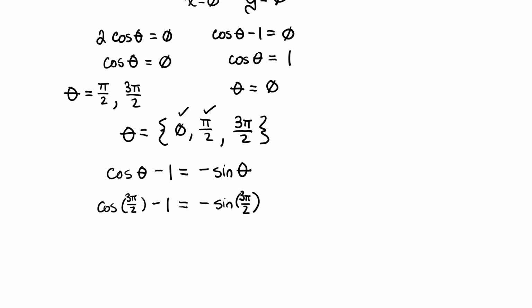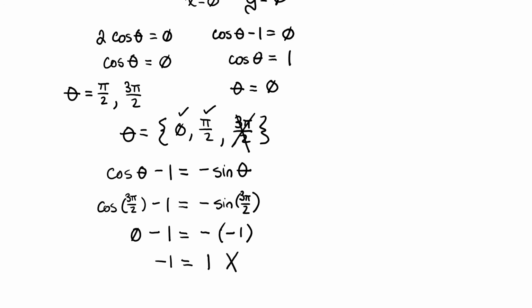Now, cosine at 3 pi over 2, or at 270 degrees, again, you're on the y-axis, so the cosine will be 0, minus 1 equals negative sine of 3 pi over 2. Now, the sine at 3 pi over 2 is negative 1. So 0 minus 1 is negative 1. However, the negative of negative 1, two negatives make a positive, is equal to 1. So this solution does not work.